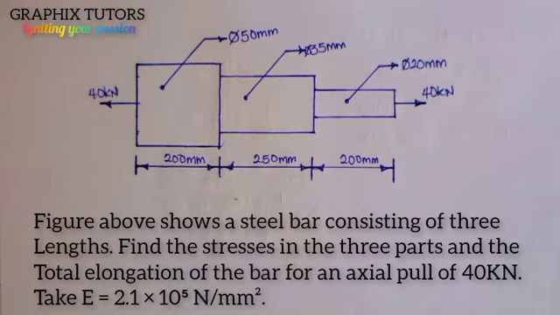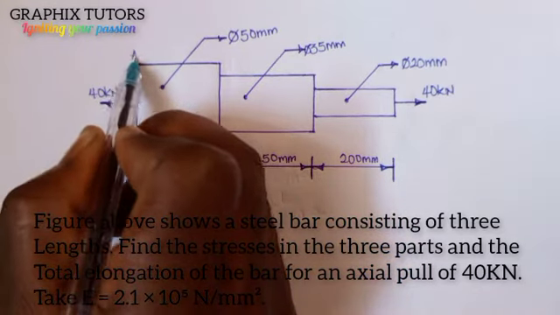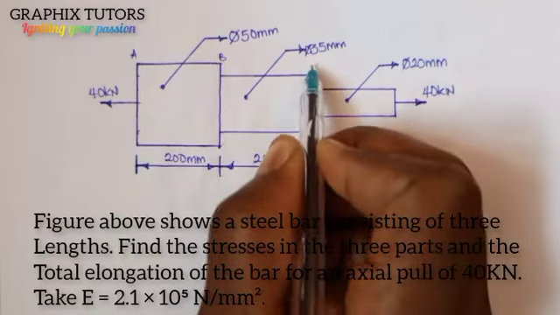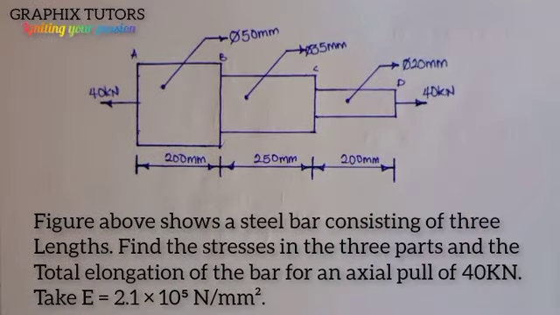Now the first thing, if you look at the parameters, we have three different bars. Let me name this A, name this B, name this C, and name this D, right?